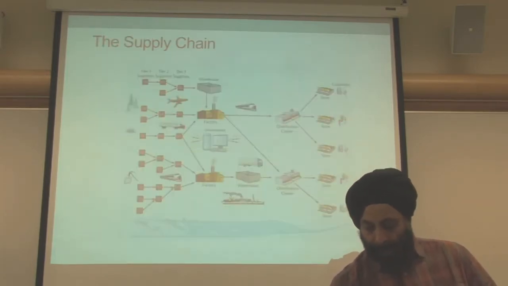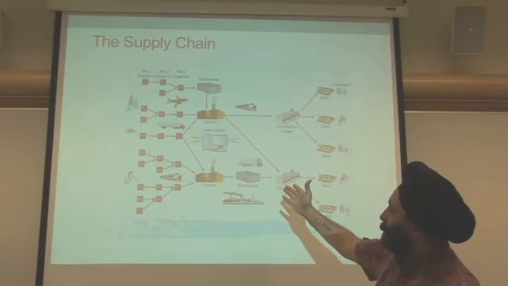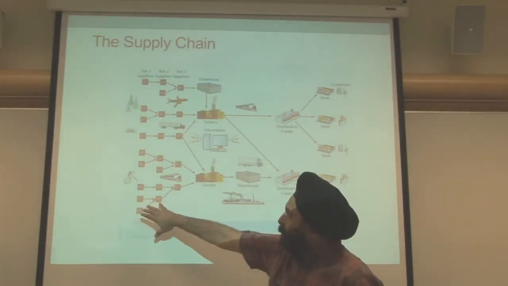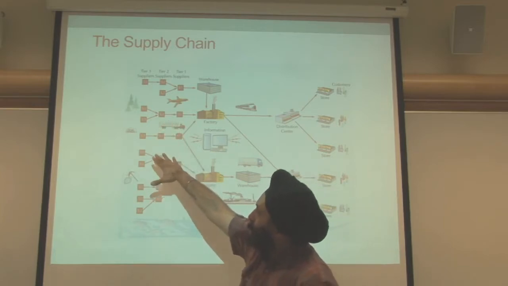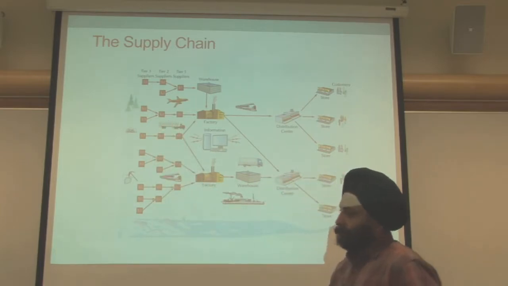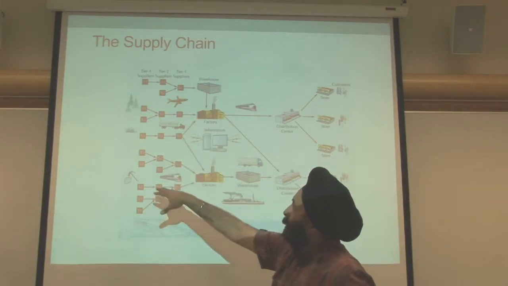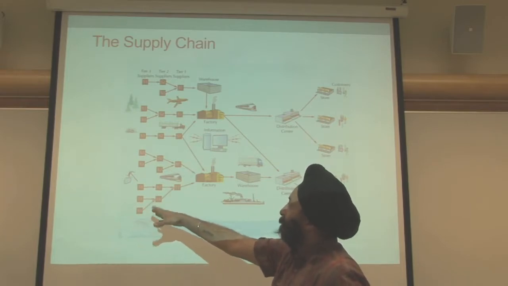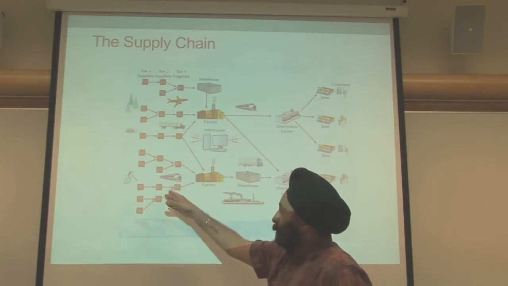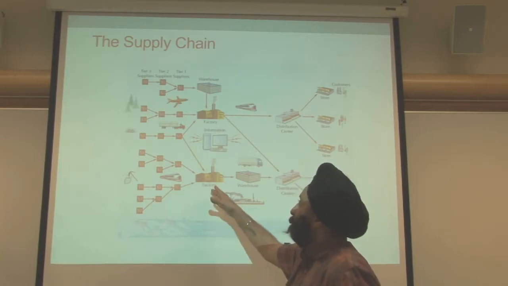An example of a supply chain: if you think of a generic product, we have the basic materials coming in, whether it's timber or other mined items, brought in through various modes of transportation from tier 3 suppliers, the furthest away from the manufacturing facility, to tier 2 suppliers and tier 1, which are the primary suppliers of the company.